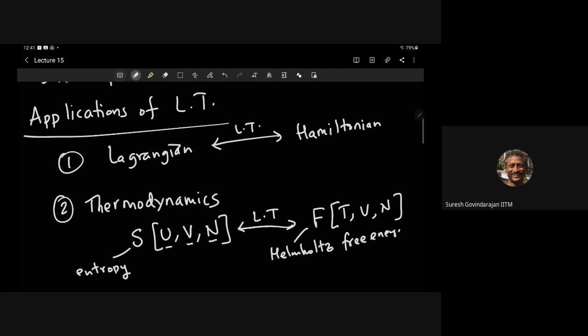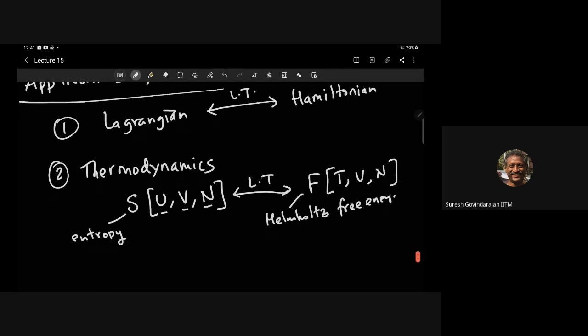Okay, and this is also a Legendre transform, but there's a subtlety. What is happening is that your U is getting traded for T, but I think the correct variable is 1 by T, or 1 by k_B T or whatever. It doesn't matter, but the convention is to write it here. In thermodynamics, these have meanings.